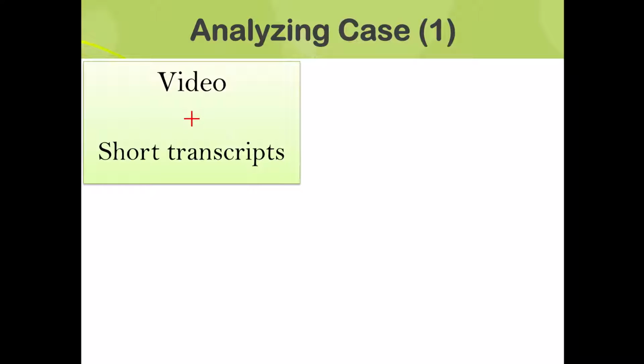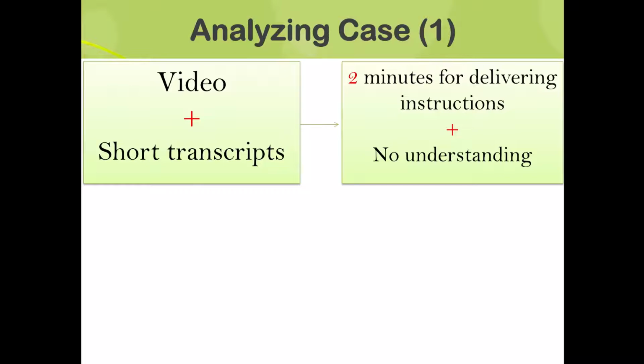Now, number 1, in this case, the teacher collected her descriptive samples through videotaping the class, and then she made short transcriptions of her interactions with the students. The second step, she analyzed the videos and the transcriptions, and then she found out that it took 2 minutes for her to deliver the instruction to the students.